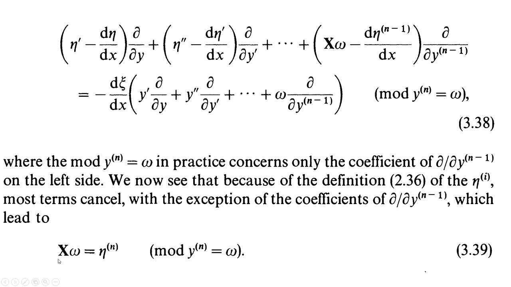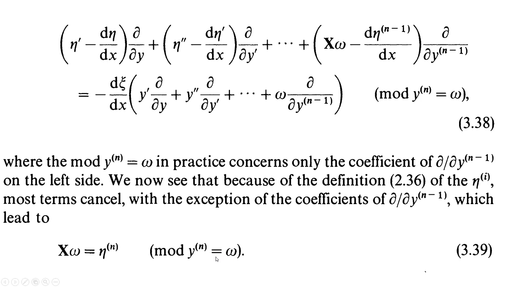So this is the second differential operator. This is the second Lie equation from which we can calculate the Lie symmetry generators and all the Lie symmetries admitted by the differential equation yn equal to omega. Why is yn equal to omega written here?